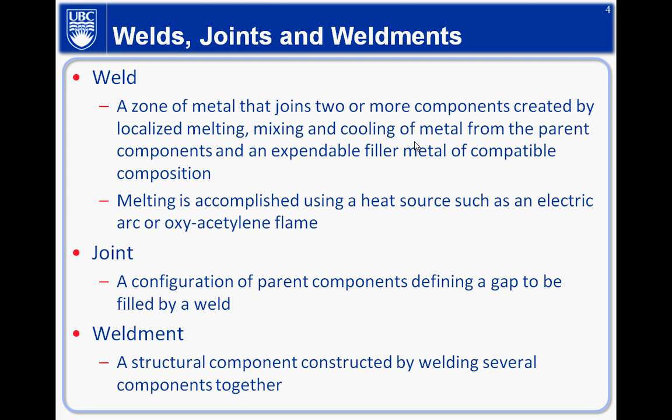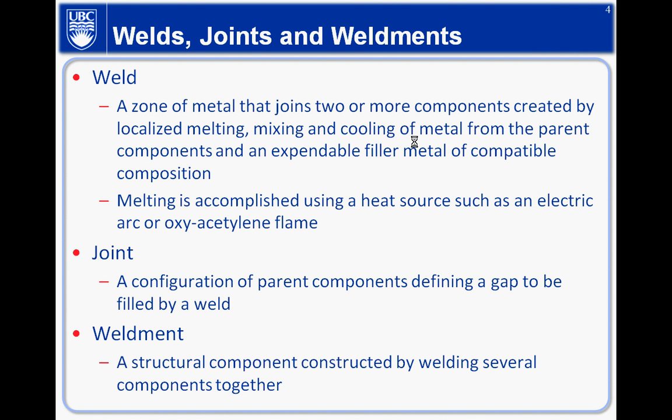So, a couple of concepts: weld, joints, and weldments. Weld means it's a zone of metal that joins two or more components, created by localized melting, mixing, and cooling of a metal from a parent component and expendable filler metal. So basically, you are melting the parent metal and some kind of filler material together to join them as different joint types.